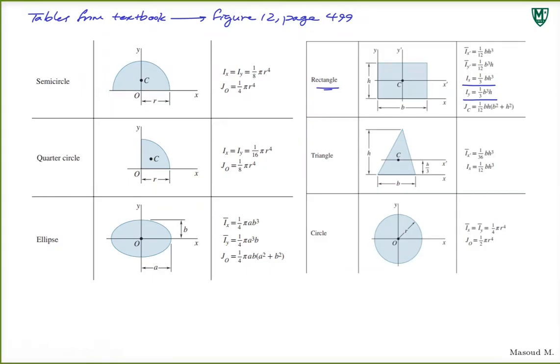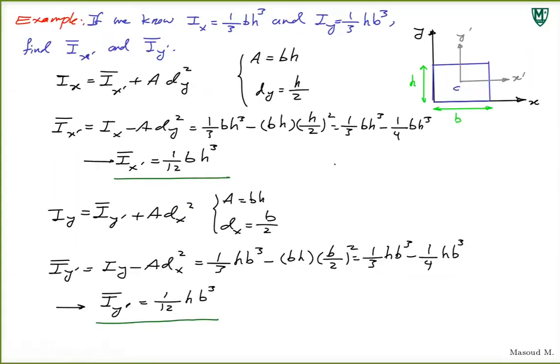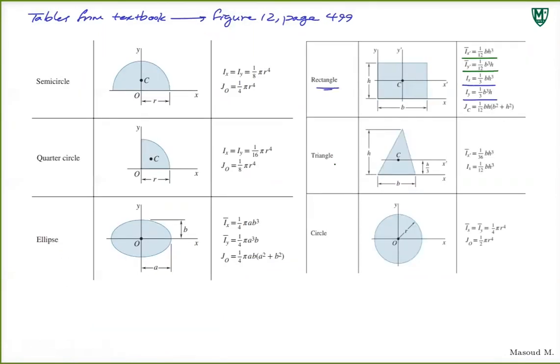We're also given the area moment of inertia about x prime and y prime, axes passing through the center of the area: 1/12 hb cubed, 1/12 bh cubed, depending on which direction you are finding the moment of inertia. And this is what we actually calculate ourselves. Knowing one, we could calculate the other one. Here in this table, they all are listed. And you're also given the polar moment of inertia.